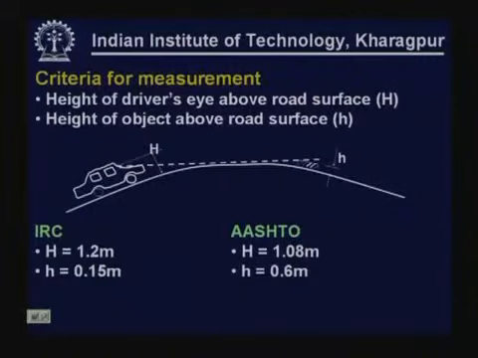Criteria for measurement. Now, when we are talking about sight distance, it depends on what is the height, that means the level of the driver's eye, and what is the height of the object that we are talking about.